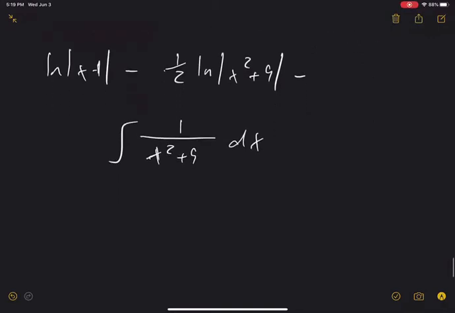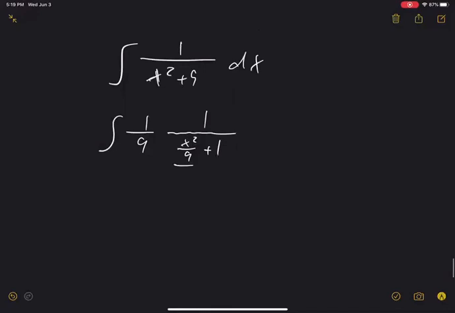I'm going to integrate this. So to get this into a nice tan inverse type integral, I need to factor out this 9, right? So let's pull out that 9. Then I would have x squared over 9 plus 1. And then this x squared over 9, I can consider that as (x over 3) squared plus 1.